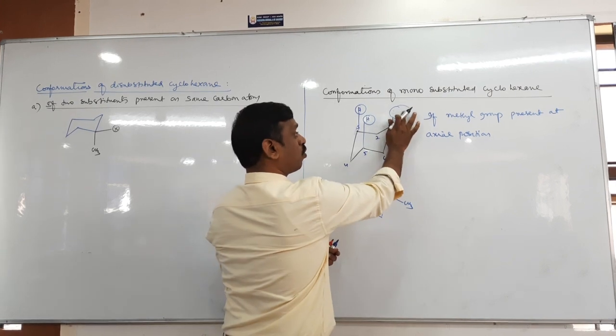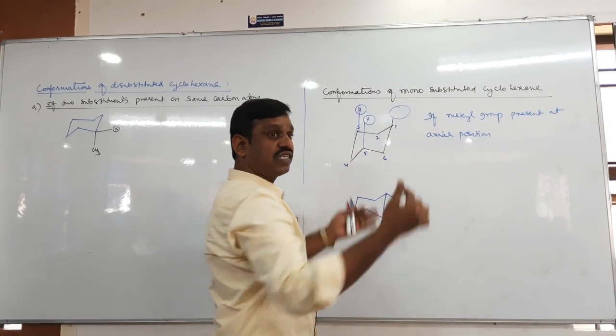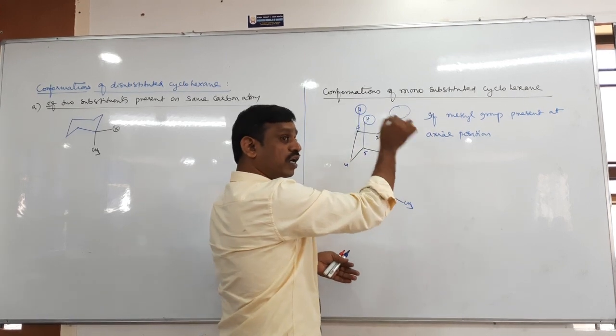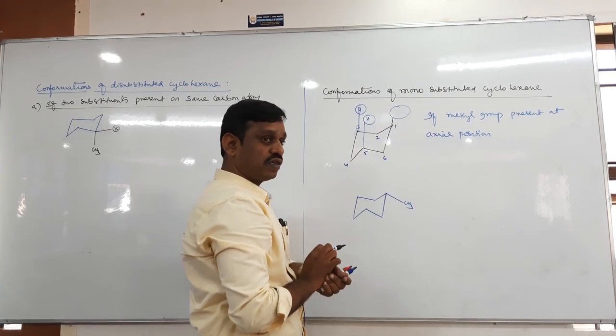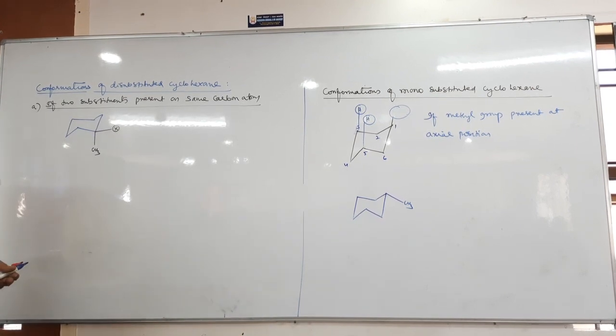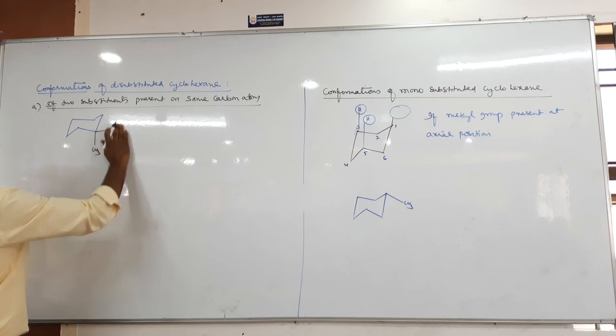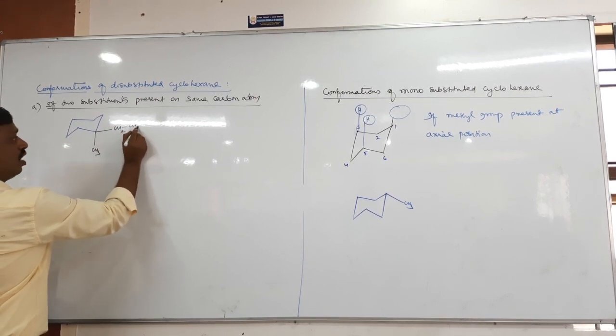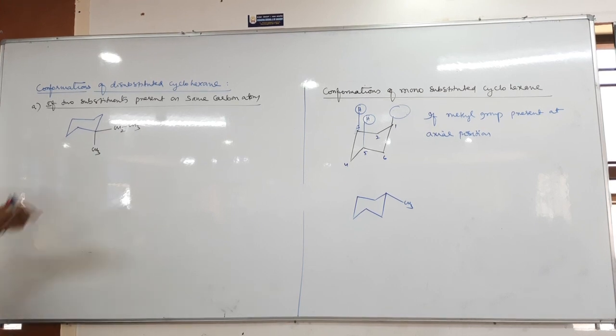If a bulky group is here, which is already big in size, it has more interaction with this group and becomes highly unstable, right? So if one is axial and one is equatorial, the ethyl group should be present on equatorial, and the methyl group should be present on axial.